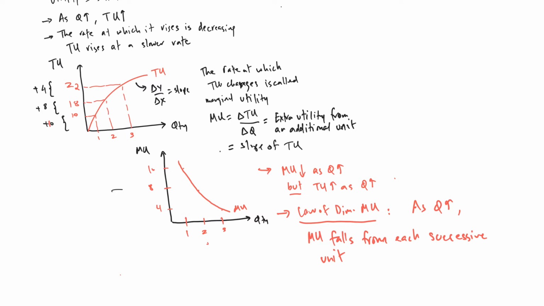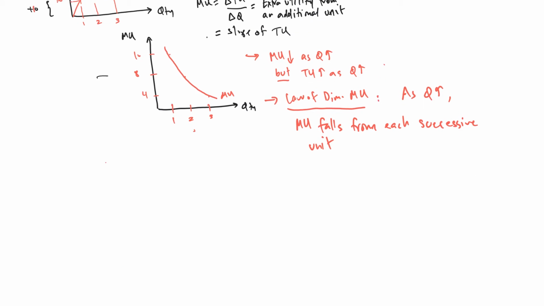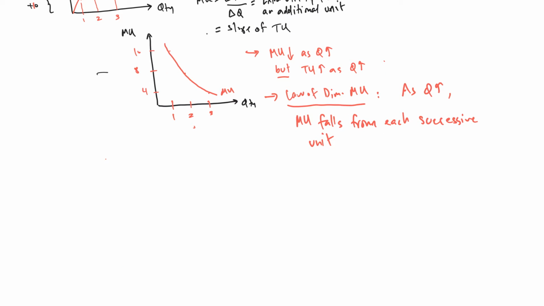Now, why is this important? Because this concept actually helps us in making a demand curve for a good. When I look at this concept, marginal utility is simply, let me write this, extra satisfaction or marginal benefit of a good.